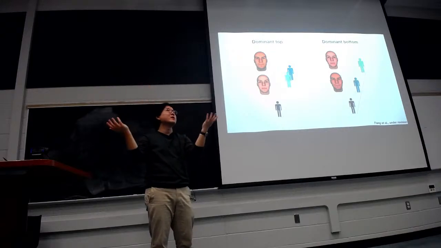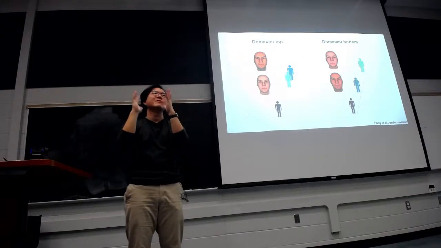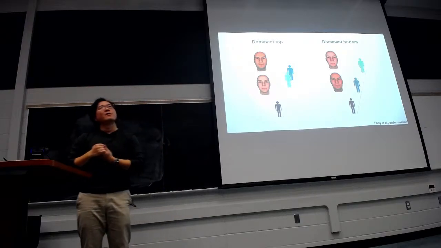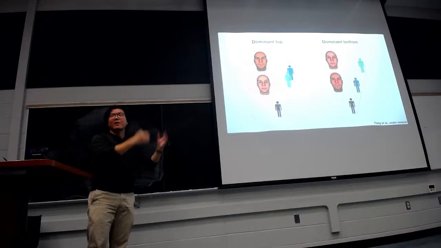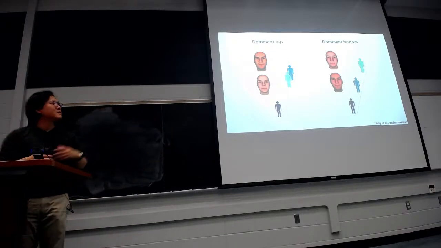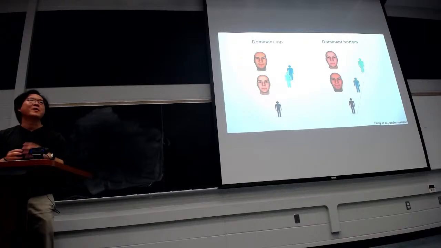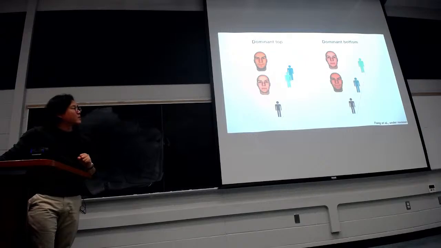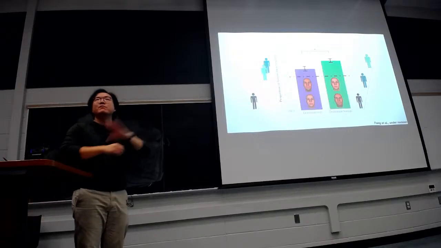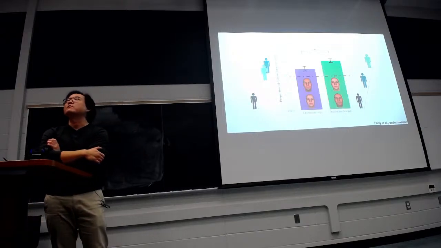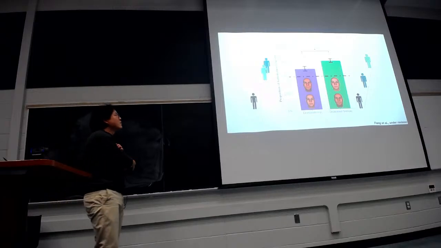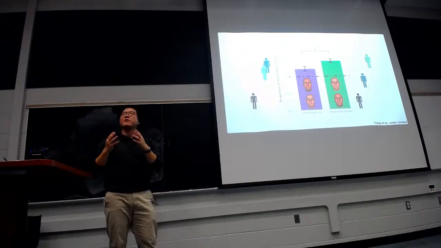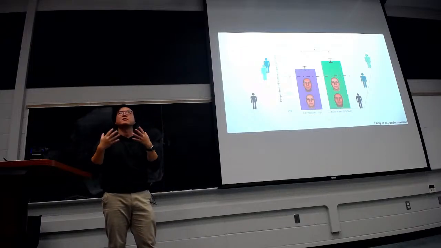So if we really see dominant faces as something closer to us as compared to submissive faces, this is a much easier way to think about it. This is actually a better, more sensible way to measure this. Unfortunately, we didn't talk about that at the beginning. And you can see, this is exactly what we found. Whether the dominant face is at the bottom or top has a significant impact on how we perceive the illusion.